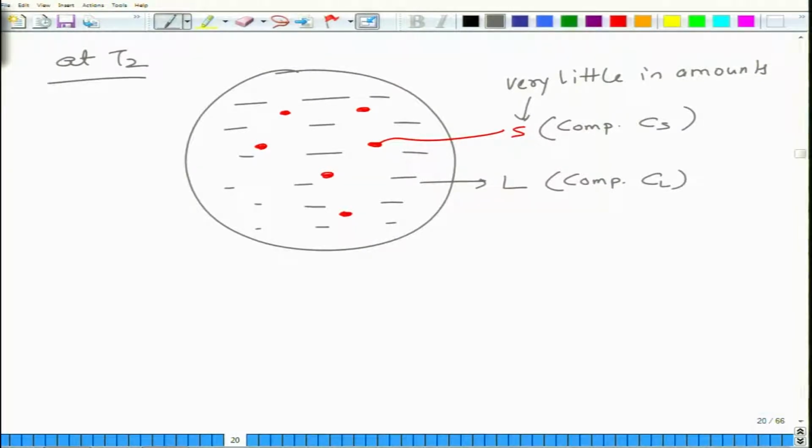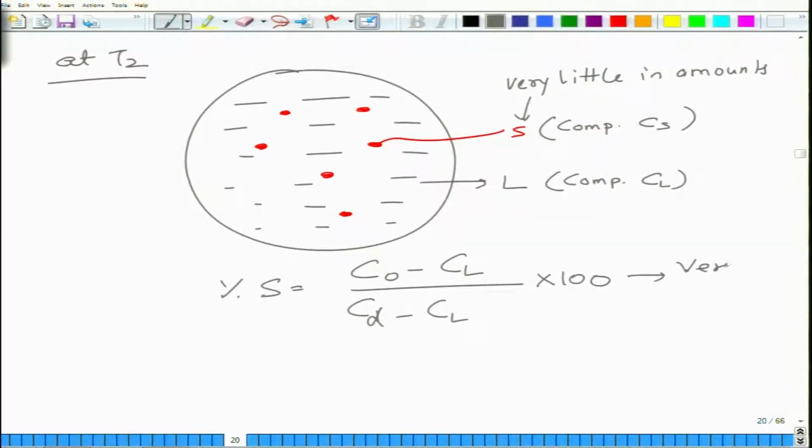Now as you go further, percentage solid you can work out as C naught minus CL divided by C alpha minus CL into 100, and this will be very minute.